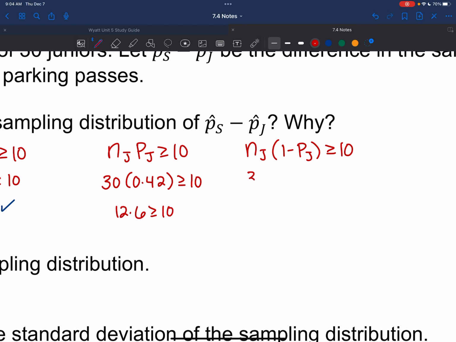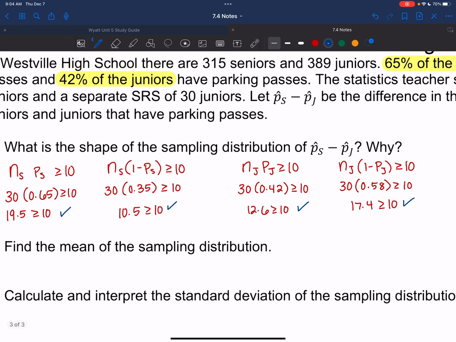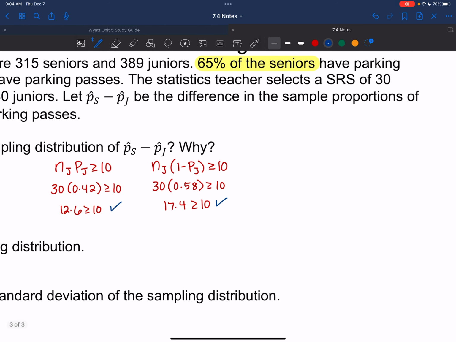And then 30 times 0.58 is 17.4, which is also greater than or equal to 10. All right, so because the conditions are met for both samples, we can say that this sampling distribution is going to be approximately normal.